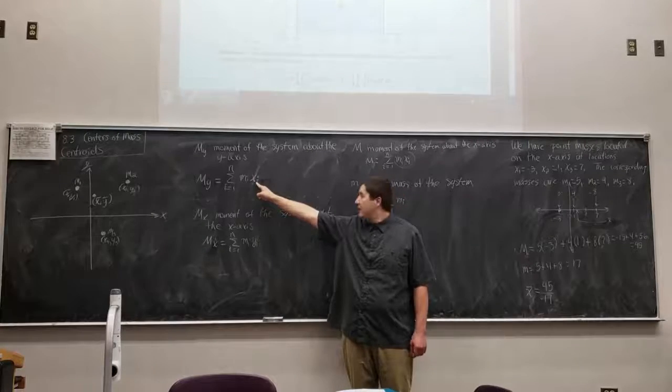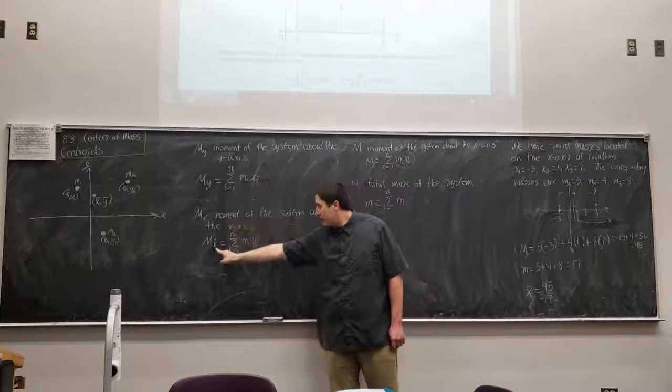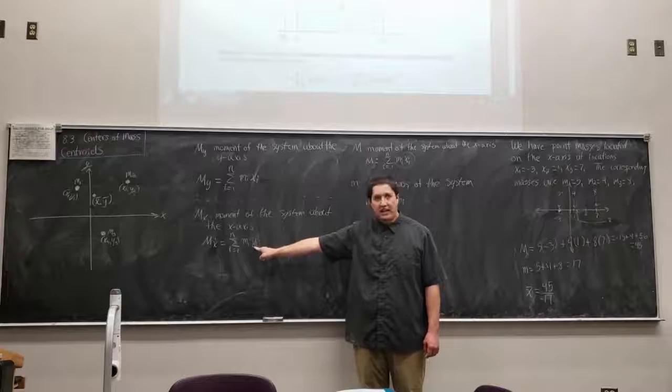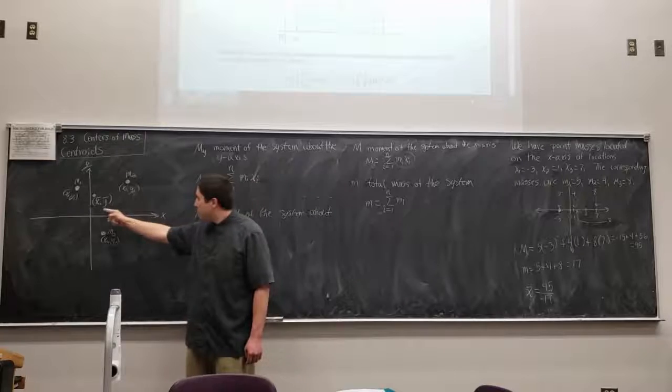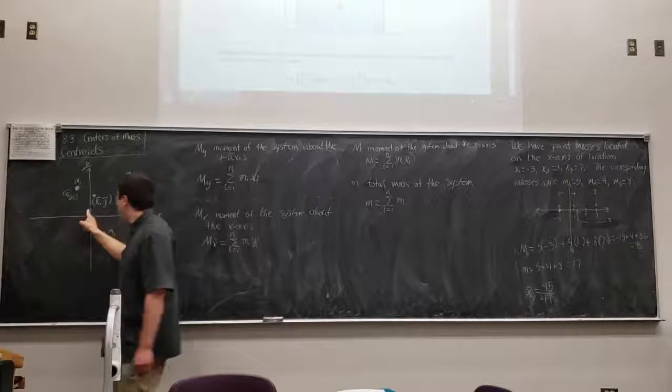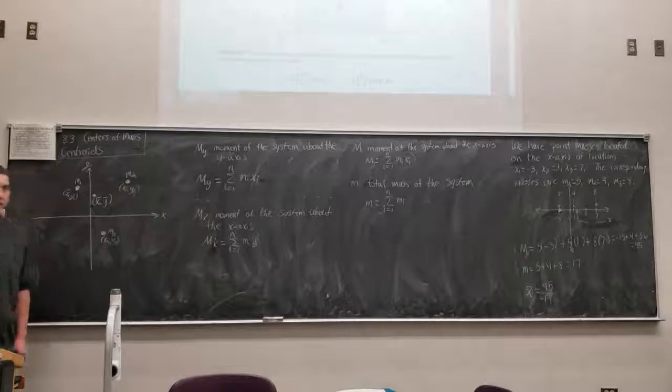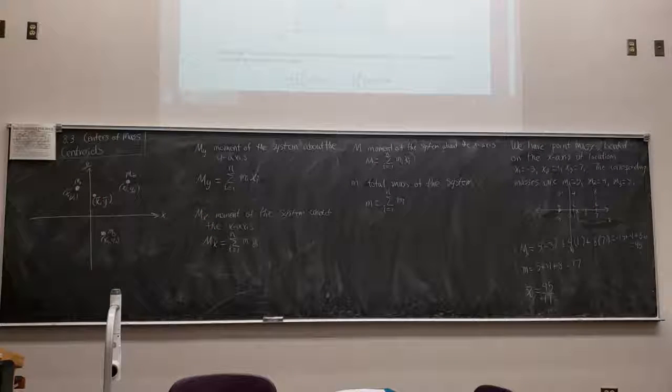M sub y involves the first coordinates, m sub x involves the opposite coordinates, the second ones. But if you think of it in terms of the tendency of the system to rotate about either the y-axis or the x-axis, then you're spot on for the meaning of those subscripts, even though they do feel backwards. Questions so far?